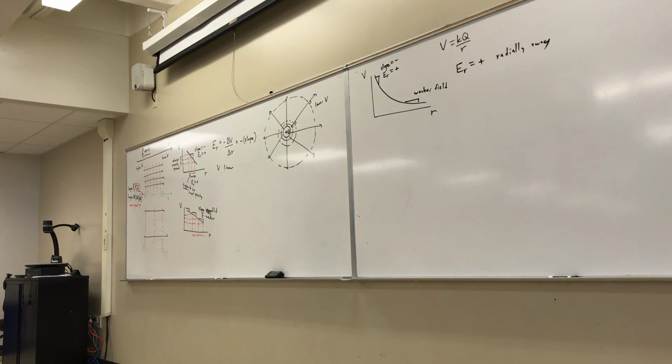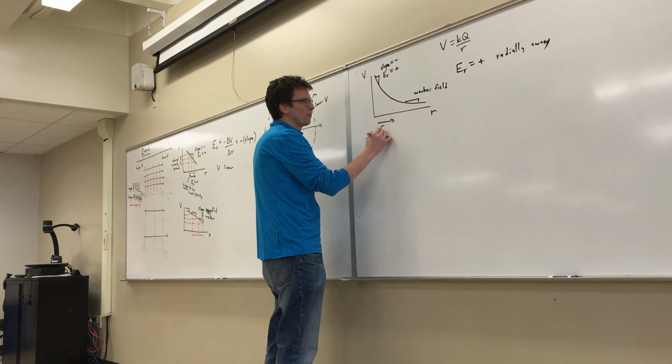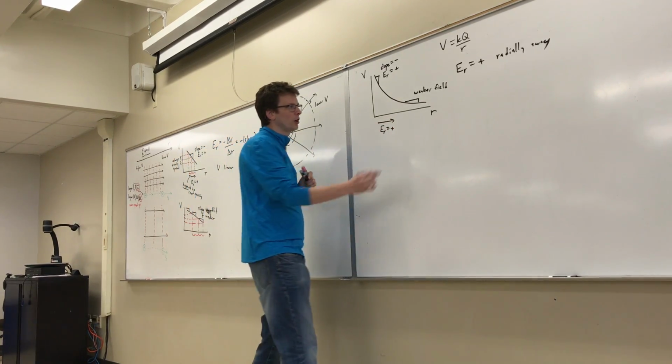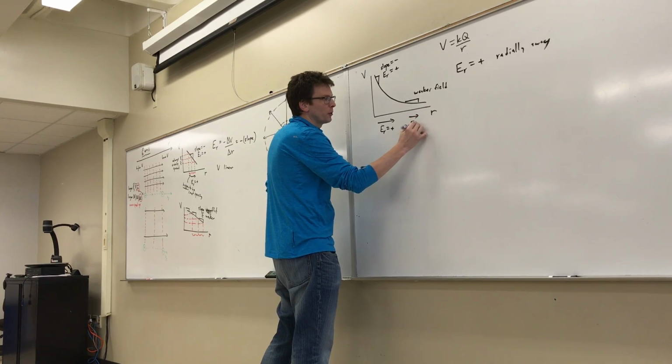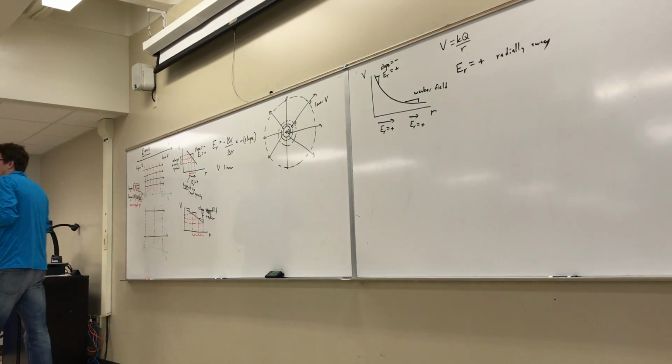That's the beauty. If you have a voltage graph, the slope at any point times -1 is the electric field. Okay? So the electric field points the way towards lower voltage. Over here, it points towards lower voltage and it's stronger. Over here, it points towards lower voltage, and it's a smaller one.